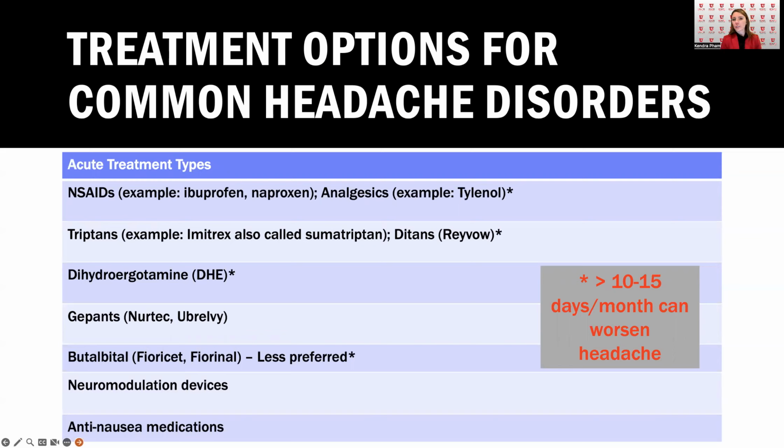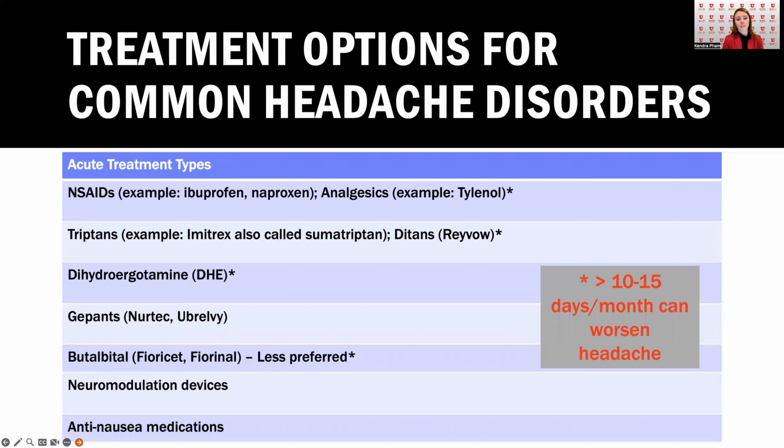You may have heard of the medication Imitrex or sumatriptan. That's one of them. There are actually 7 different triptans out there. There's a class called ditans that's very similar to triptans, but a little newer. That drug is called lasmiditan, or Reyvow is the trade name. There is dihydroergotamine, or DHE.